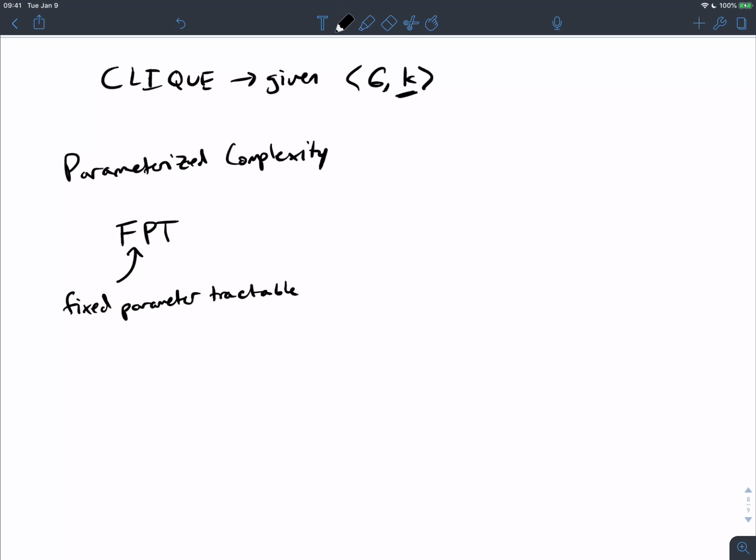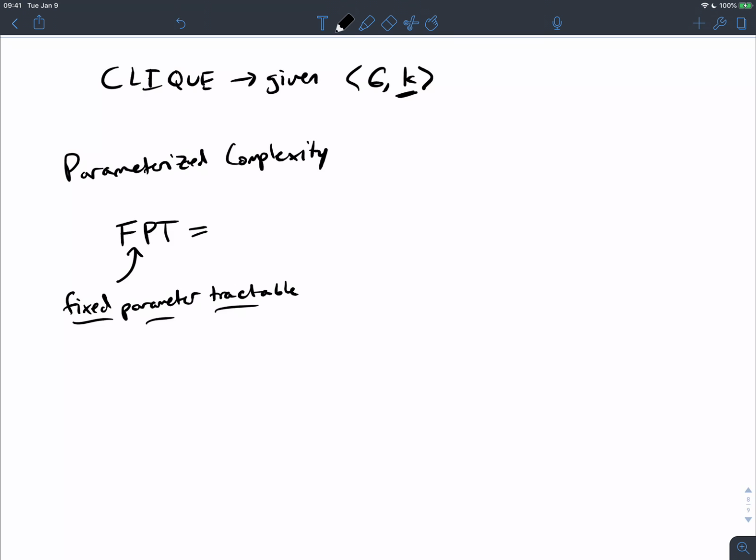What the name indicates is, if I fix a parameter to a particular value, then this problem is tractable. Tractable means polynomial time in this sense. Maybe not all polynomials, maybe something like n log n, but it's easier to just look at polynomials here.